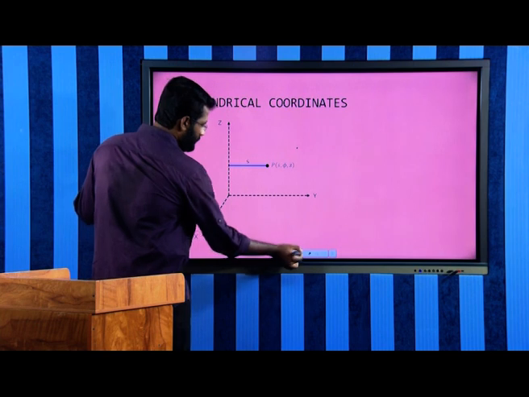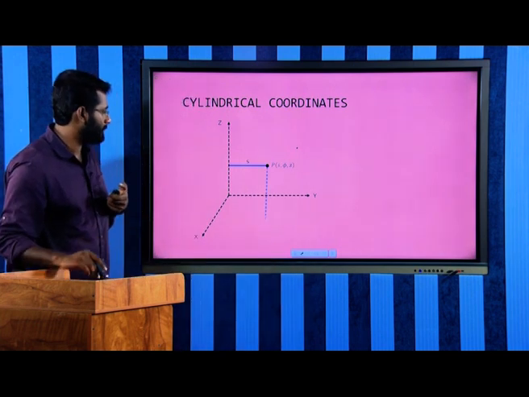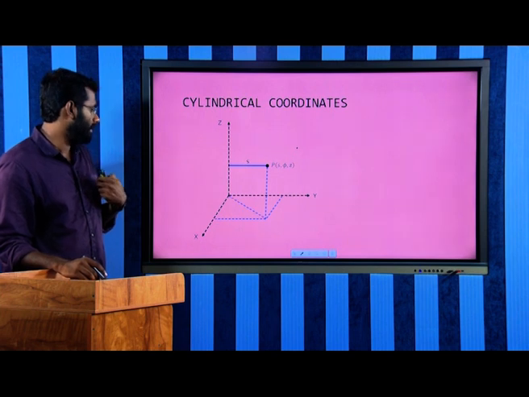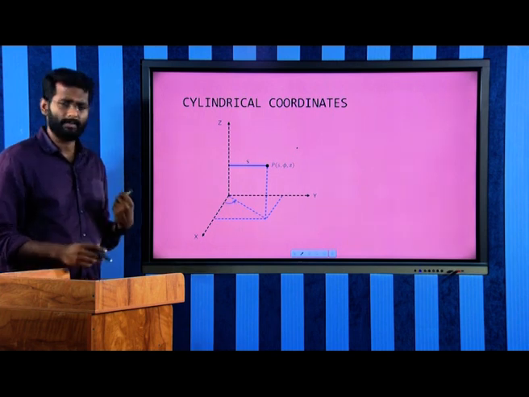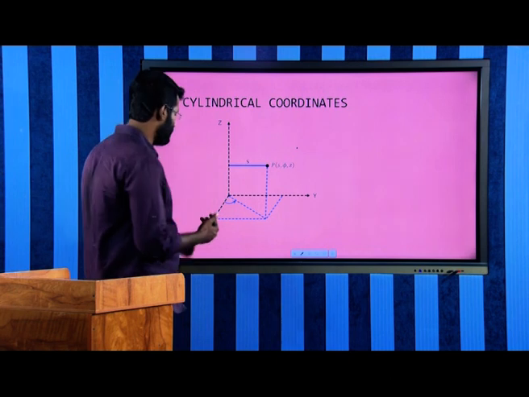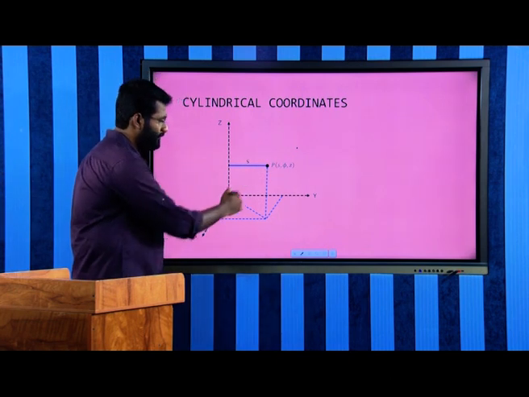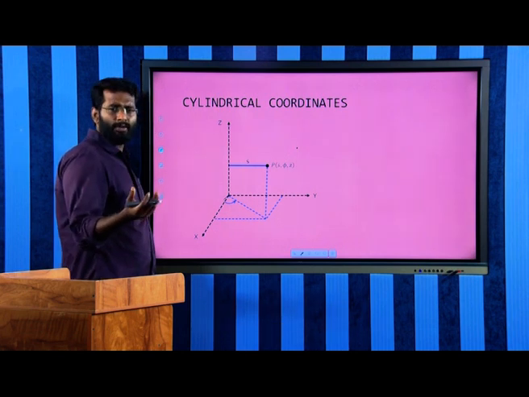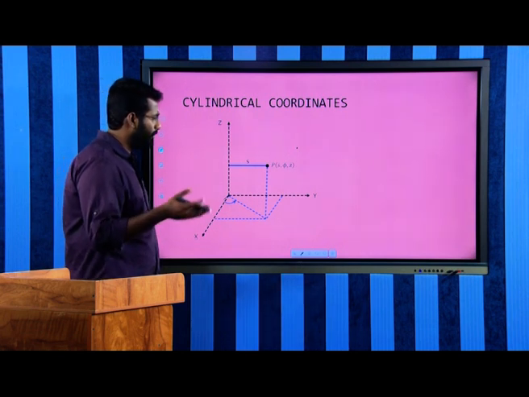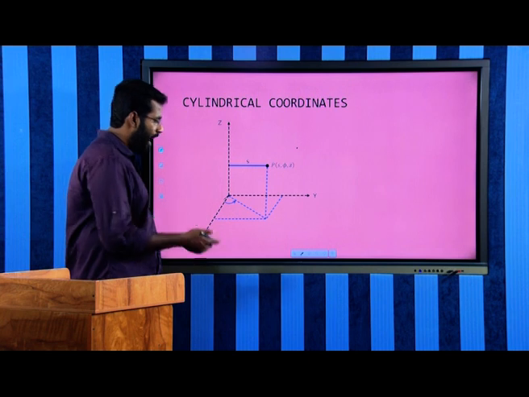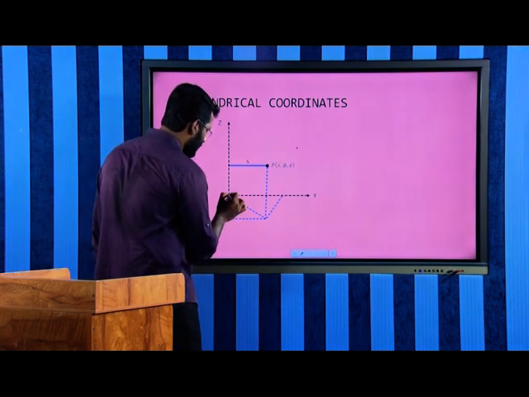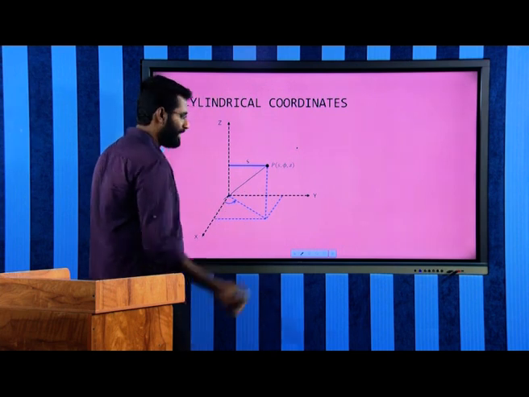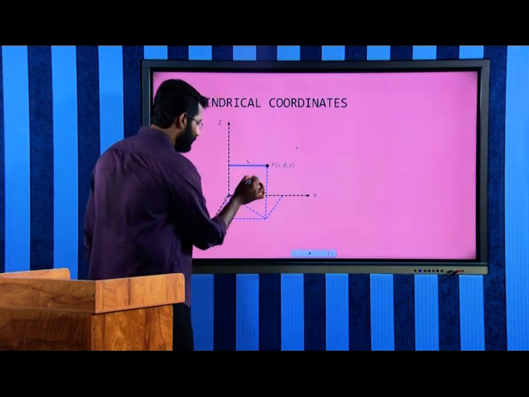Now, let us go to the next one, that is phi. Here there is a small difference. Phi is the same as in the spherical system, but in the previous case we had an r here and we took the projection of that. Here, we do not need that.